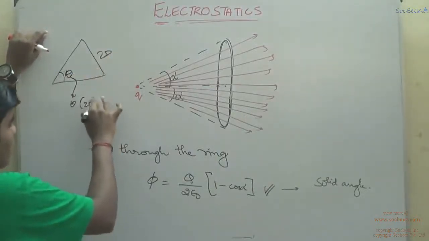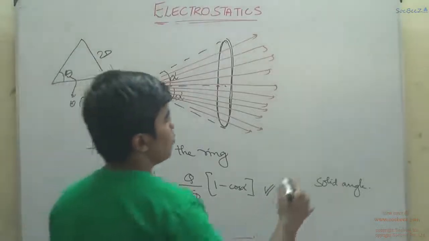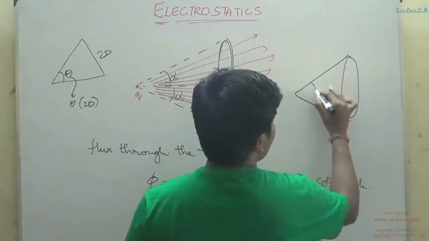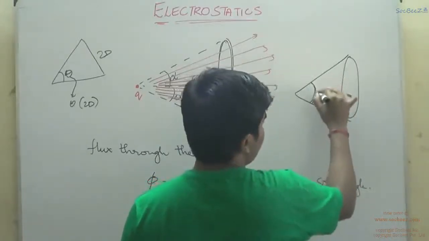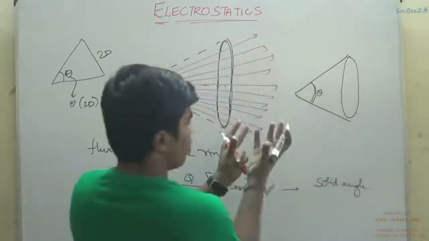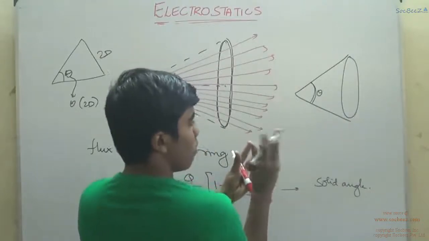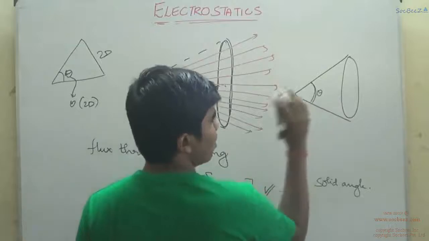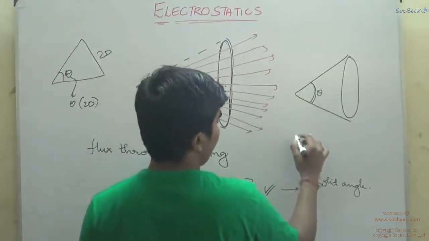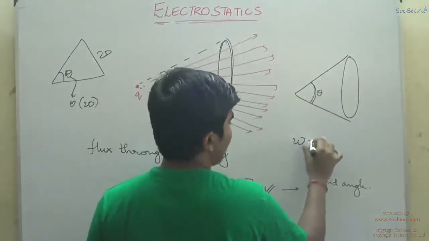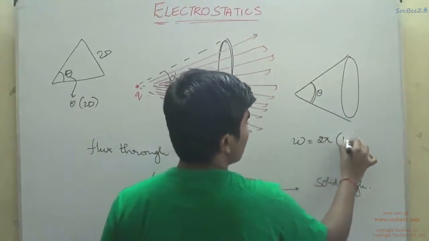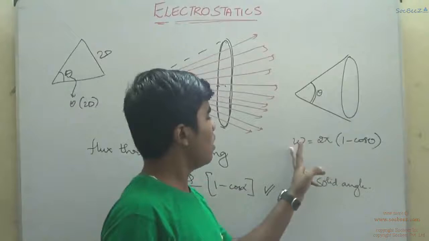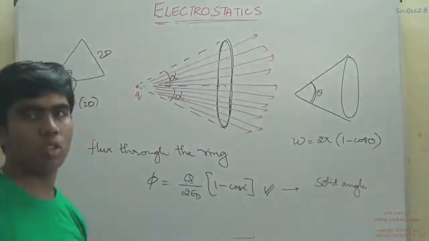This angle is a 2D angle, theta. Now if you take a cone, in this 2D plane the angle is theta, but the cone will also take up a proper amount of space, and that angle is known as the solid angle. The relation between the solid angle and the 2D angle is: if the 2D angle is theta, then the solid angle is equal to 2 pi times 1 minus cos theta.